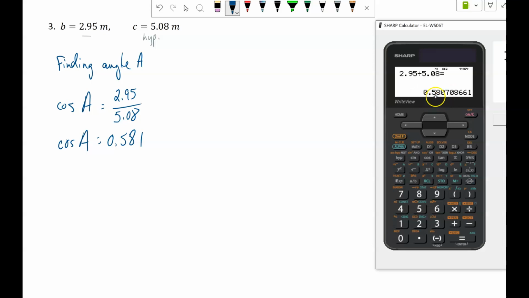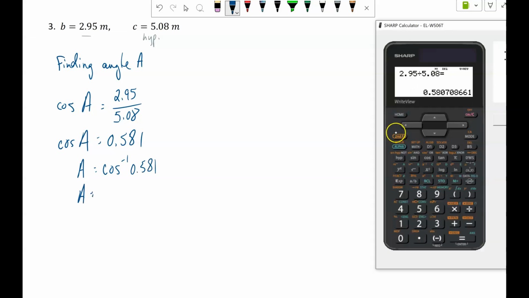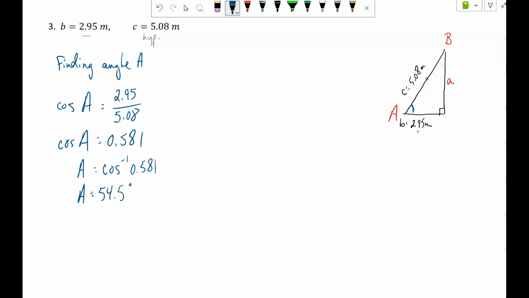I'm not going to use 0.581 though. I'll use what's on the calculator and we have to find A, we have to say cos inverse of 0.581. So leave it all there is best. Second function cos equals 54 point. Let's make that a 54.5. Okay. If A is 54.5, now A and B add up to 90, since one more 90 with the right angle makes 180.